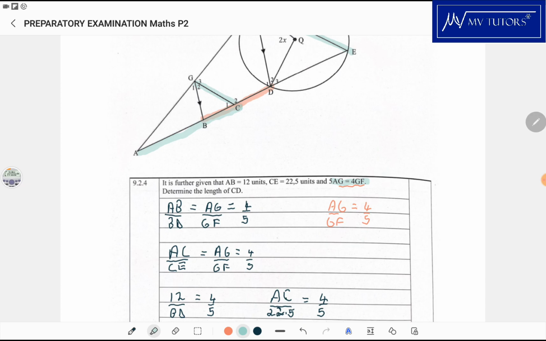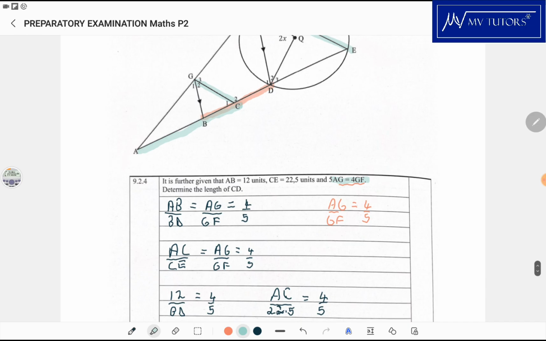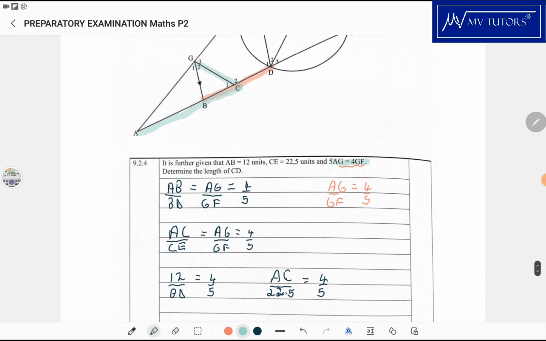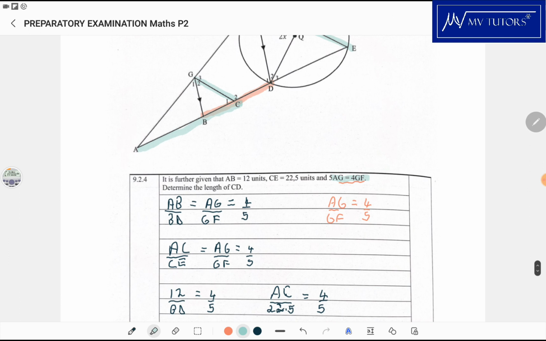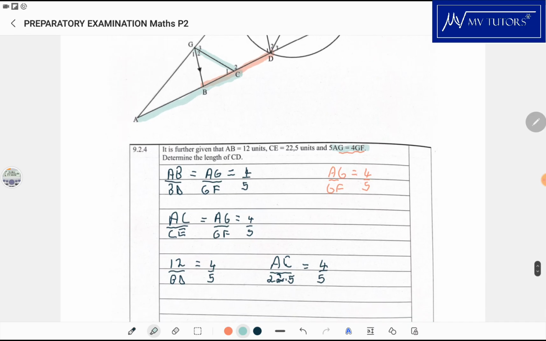Remember the question wants us to determine CD. So if I solve AC and then I solve BC, I can effectively subtract them both so that they give me the final answer.